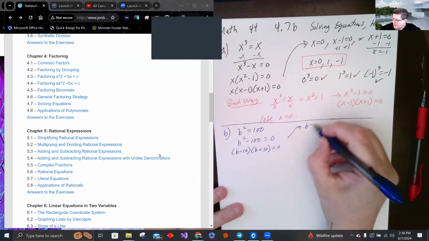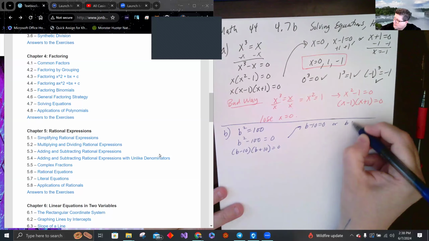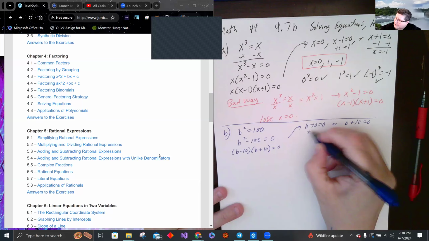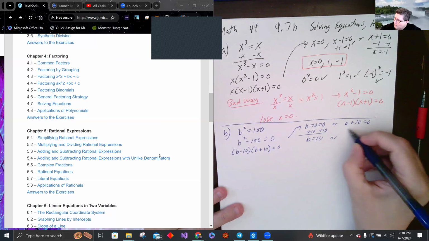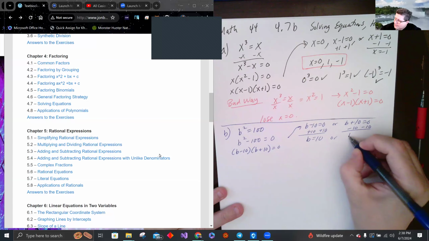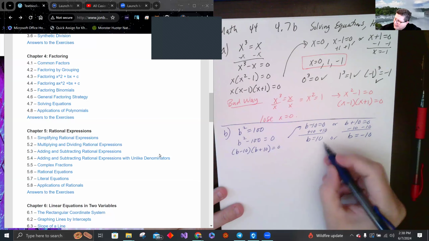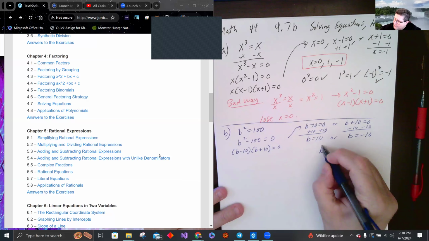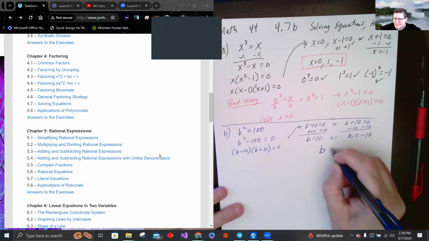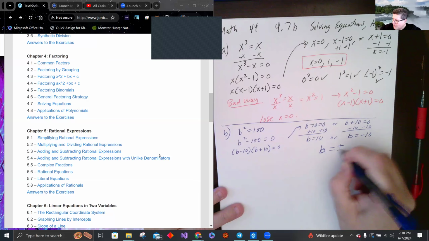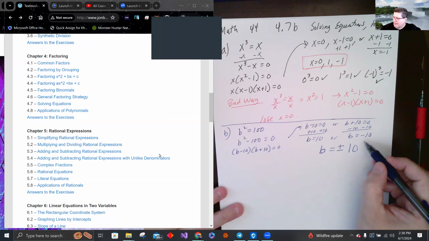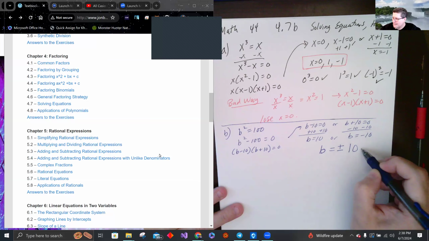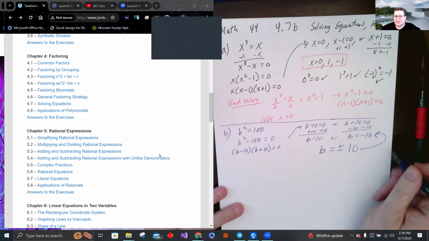When I set each equal to 0 and I solve, I get b equals 10 or b equals negative 10. And another way of showing this, when you have two answers where one's positive and one is negative, you write plus or minus like that, stacked. B equals plus or minus 10 means the two different solutions.